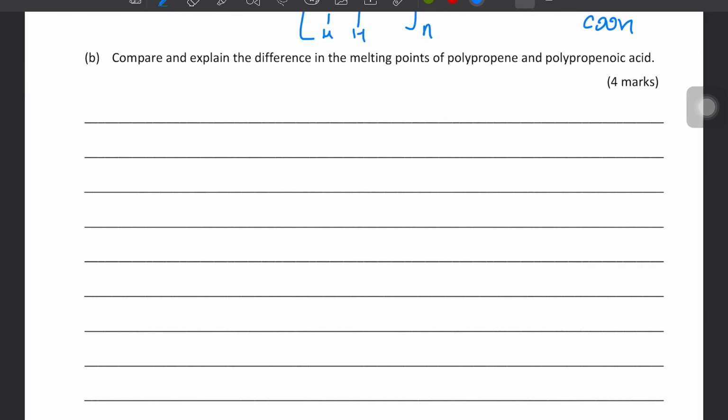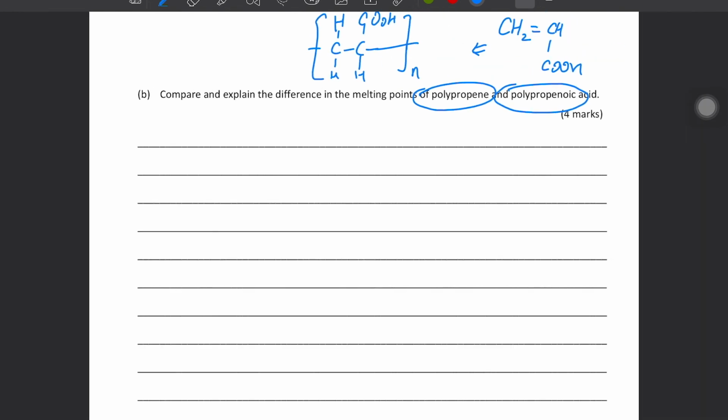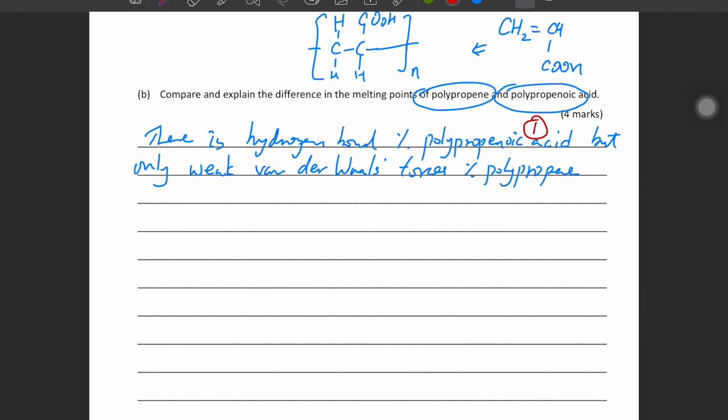Next, you try to compare polypropene and polypropenoic acid. The previous one is without COOH, so you can expect there is no hydrogen bond for polypropene. So let's write it down. The first point is here. There is strong hydrogen bonding between polypropenoic acid molecules, but there is only weak van der Waals force between polypropene molecules.